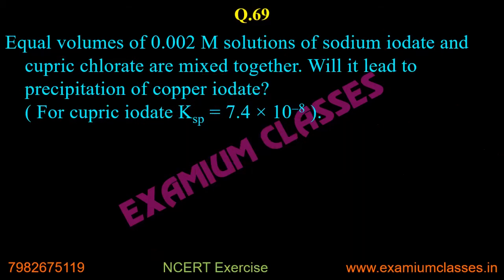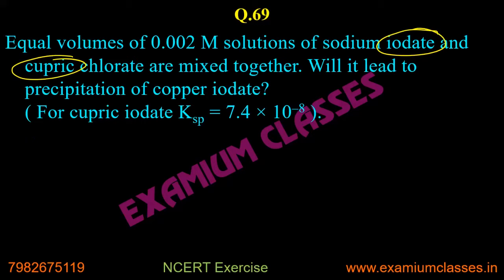So how we will do it? We will first use these two equations to find the concentrations of iodate ion and cupric ion. For that one, you need to understand the reaction, or you need to at least know the reaction.